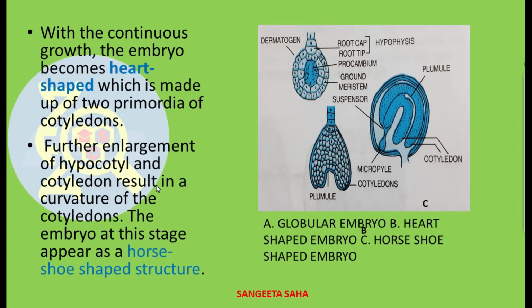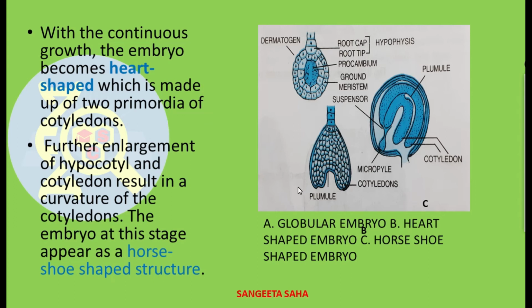Now, coming to the cells of the pro-embryo. These cells divide and form the hypocotyl, and the upper half will become the cotyledon.